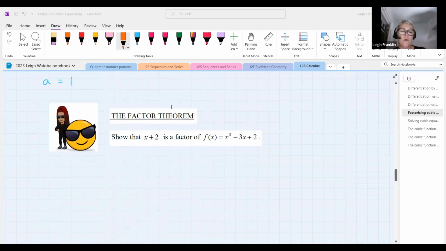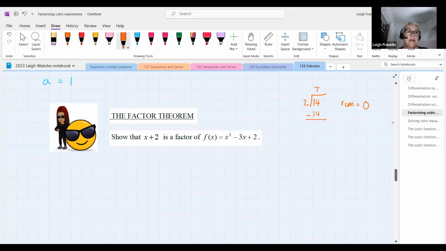Okay. So now let's talk about factor theorem. If a number is a factor of another number, so if I take the number 14 and divide it by the number 2, what is my remainder going to be equal to in this case? Exactly. My remainder is going to be 0.